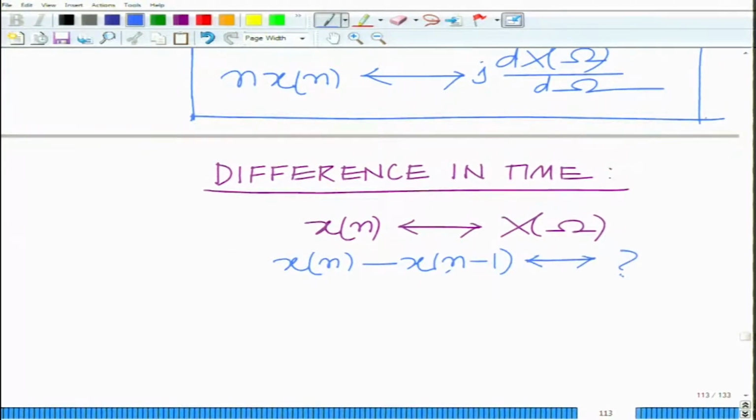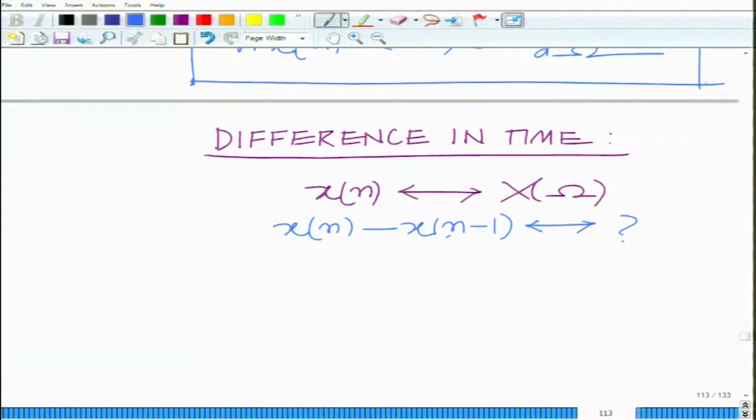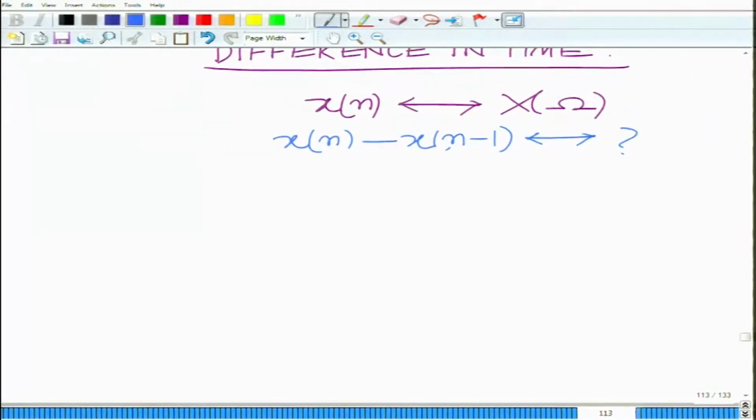This is the difference signal, the successive differences, sometimes also called a differential signal. So, that is basically your delta x in time.